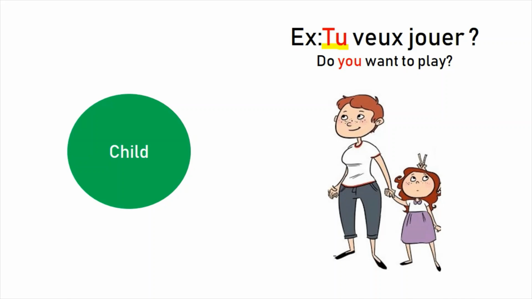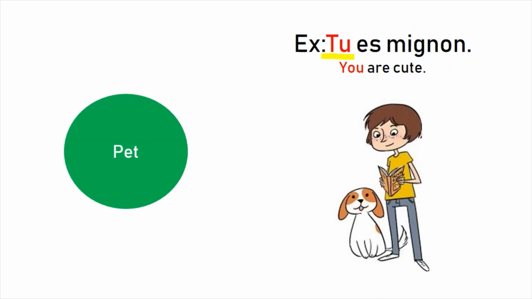To a child, you can say, Tu veux jouer. With a pet, you can say, Tu es mignon.